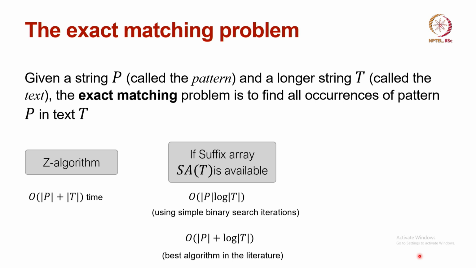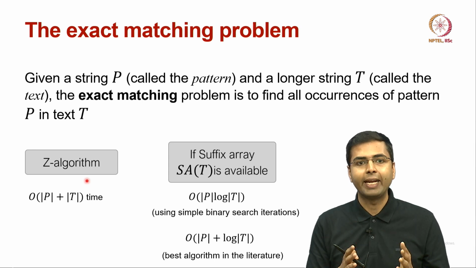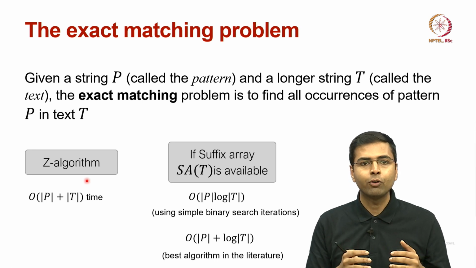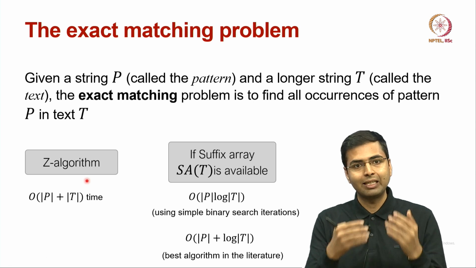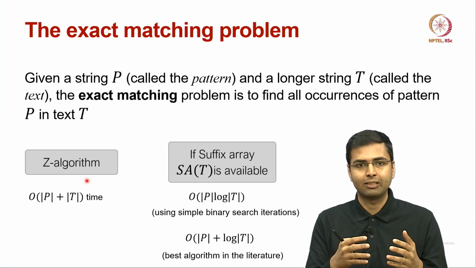So far the major algorithm we have looked at is the Z algorithm, in which we spend linear time, that is order p plus order t time, to solve this problem. Then we said that sometimes we have a very long text, and therefore it makes sense to pre-process the text and build some index.